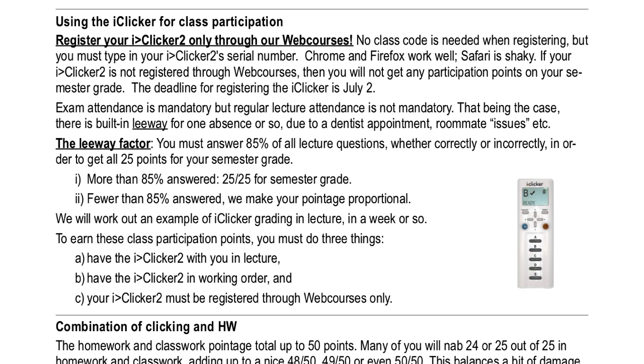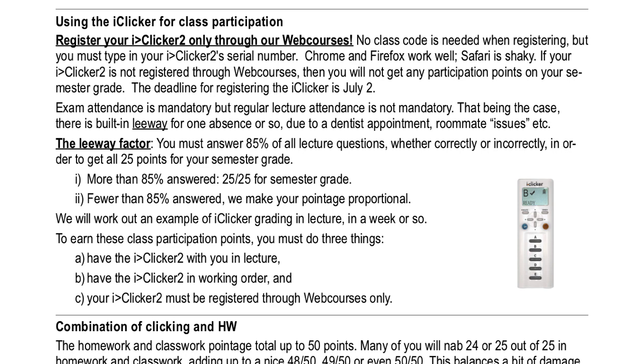Okay, the deadline for registering for iClicker is July 2nd, right? So that's next Monday. Next week, you have to have your iClicker registered. All right, and looks like most of you guys will be.